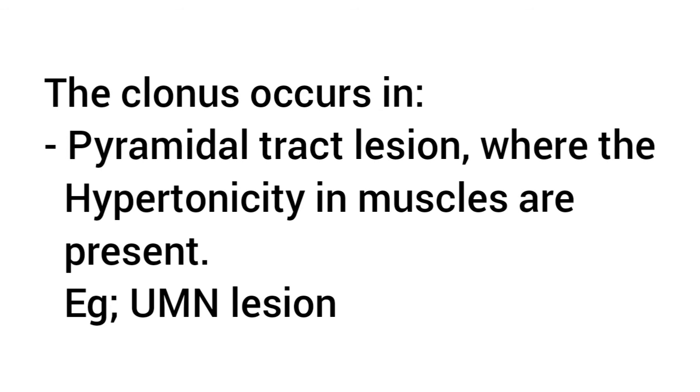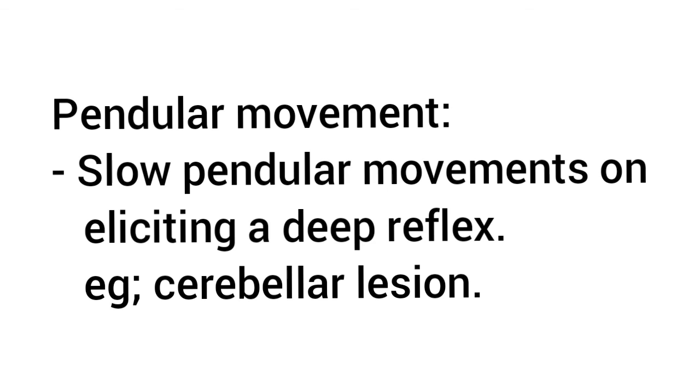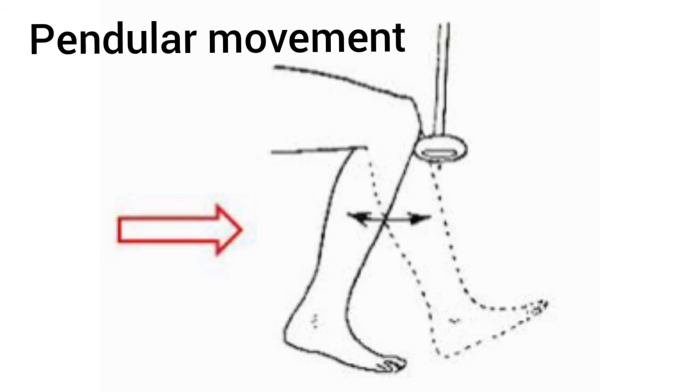This clonus occurs due to the pyramidal tract lesion where the hypertonicity of muscles occurs. In cerebellar lesion, we'll see pendular movements. Unlike clonus, these are slow pendular movements on eliciting a deep reflex. Example, in cerebellar lesion, the leg moves forwards and backwards several times.